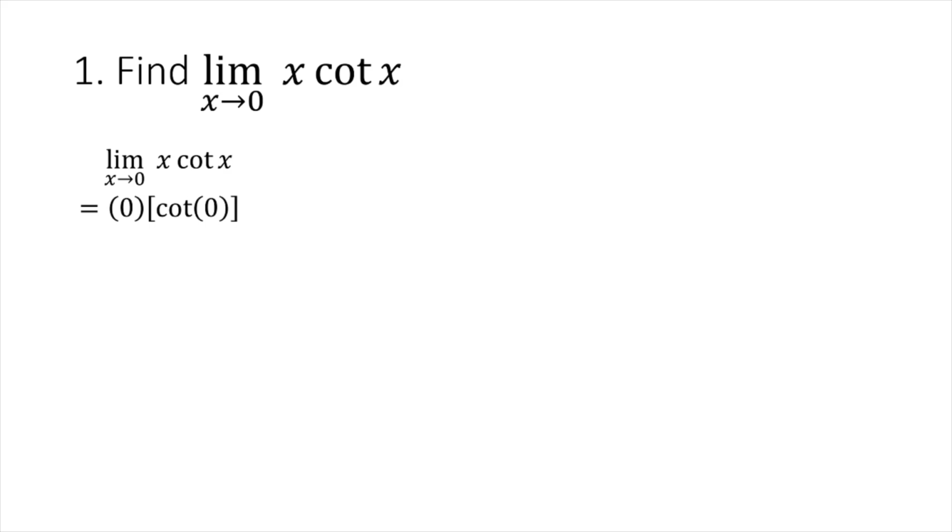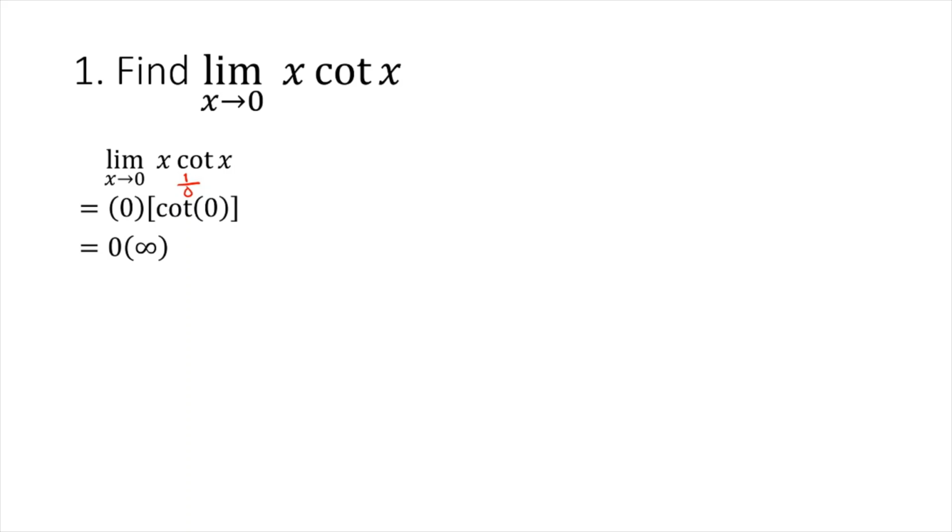Okay, so cotangent of 0, this is equivalent to cosine of 0, which is 1, right? And then divided by sine of 0, which is 0. Okay, this ratio will approach infinity, right? Therefore, overall, this results to 0 times infinity. It's an indeterminate product, all right?